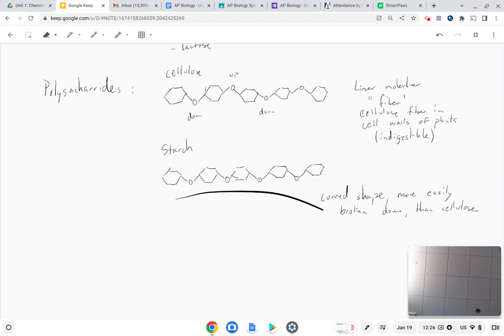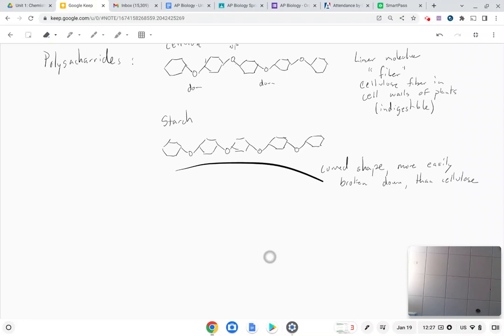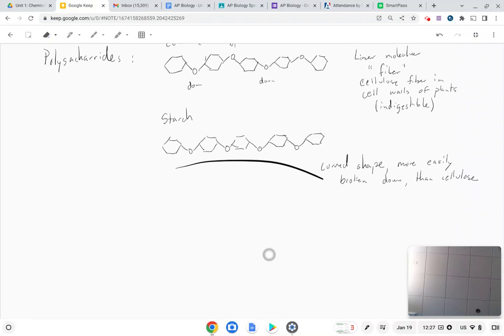It'll actually pass through you and remain intact. Whereas starch will get broken down. These bonds will all get chopped up and your body will process it as individual pieces. And that's simply not the case for cellulose. The bonding is too strong.